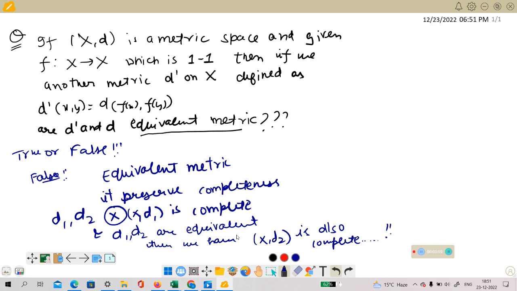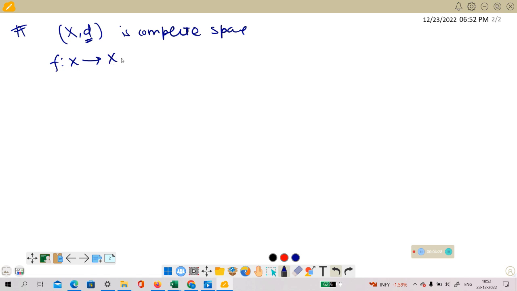So this is how we are going to find a contradictory example. We will show that there exists a metric space X with d, which is a complete space, and that there is a function f from X to X which is 1-1, and then the metric d'(x, y) defined as d(f(x), f(y)).